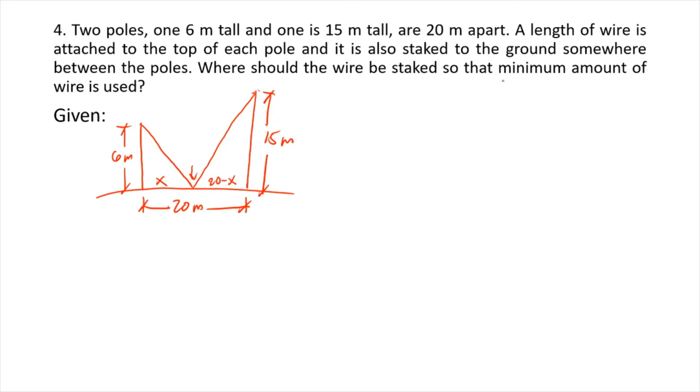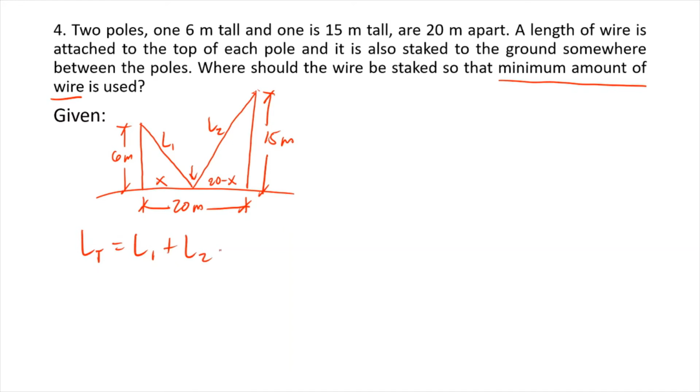What we want is the minimum amount of wire. This means that we have to minimize the length of the wire. Okay, let's say the length of this portion is L sub 1 and the length of this portion is L sub 2. Let's call the total length of the wire as L sub t, and it's equal to L sub 1 plus L sub 2.